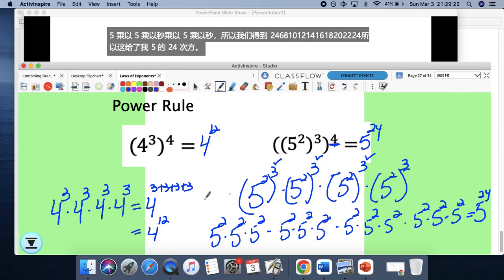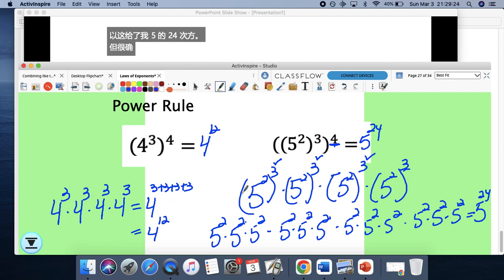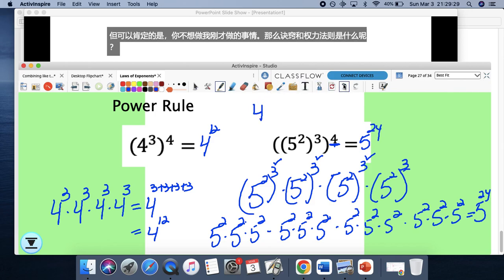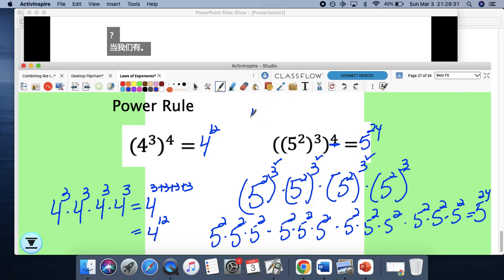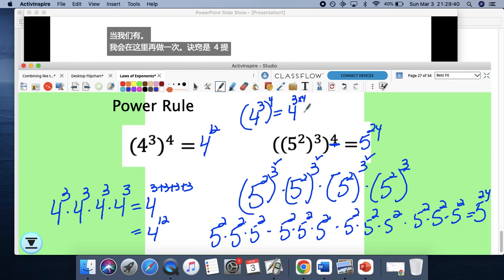But I'm pretty sure you don't want to do what I just did. So what's the trick? In the power rule, the trick is 4 raised to the 3 times 4, which equals 4 to the 12.